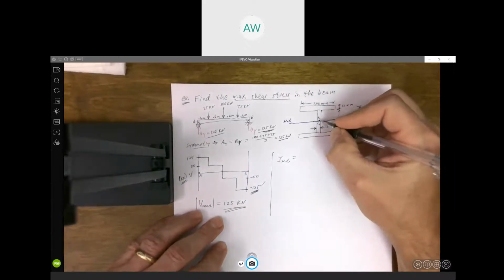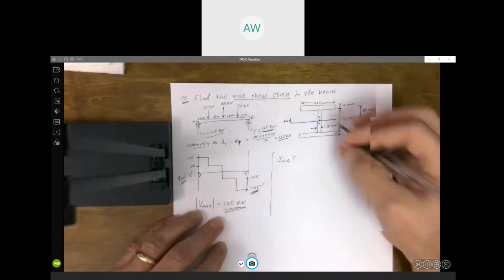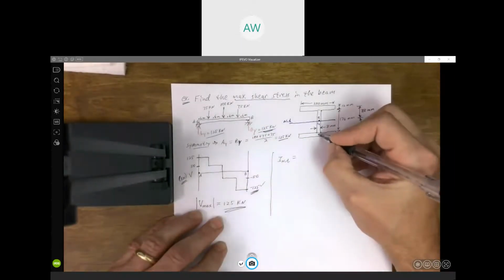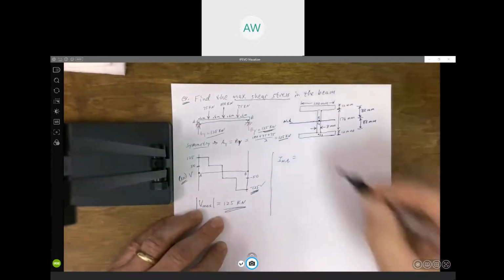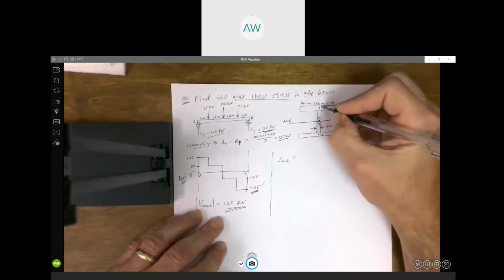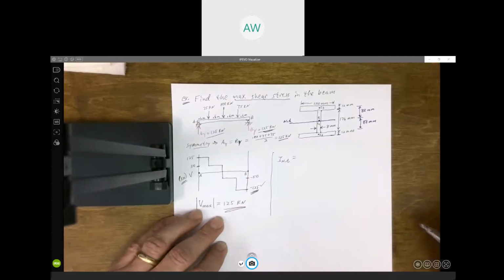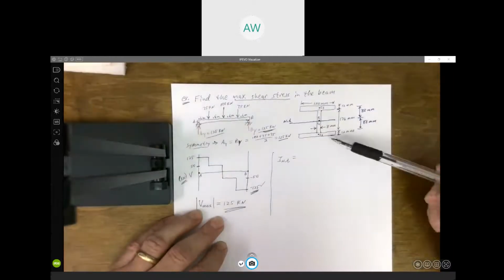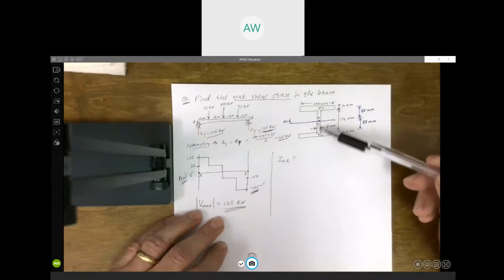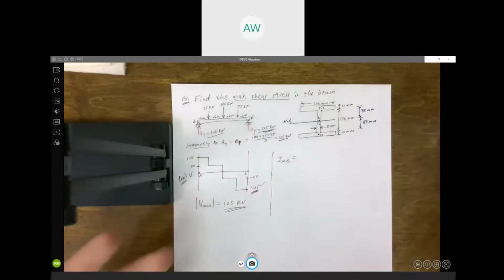The centroid of area 1 is going to be located the same place the centroid of the whole thing is. Maybe we'll call this area 2. This centroid is going to be located right in the center of that rectangle. And this area up here we'll call area 3. Its centroid is going to be right in the center of that rectangle. So we could do it this way. Break it up into these 3 rectangles. Get the moment of inertia for each rectangle and add them up.